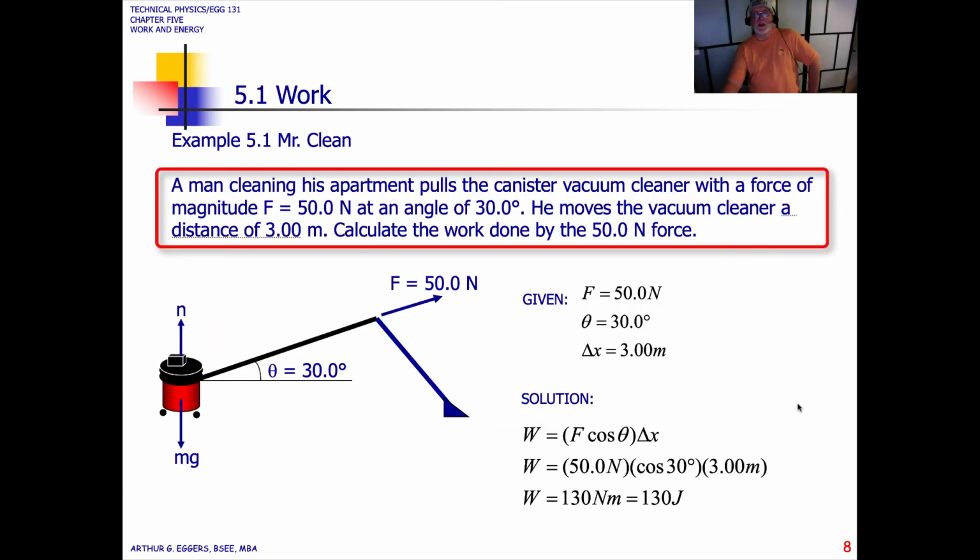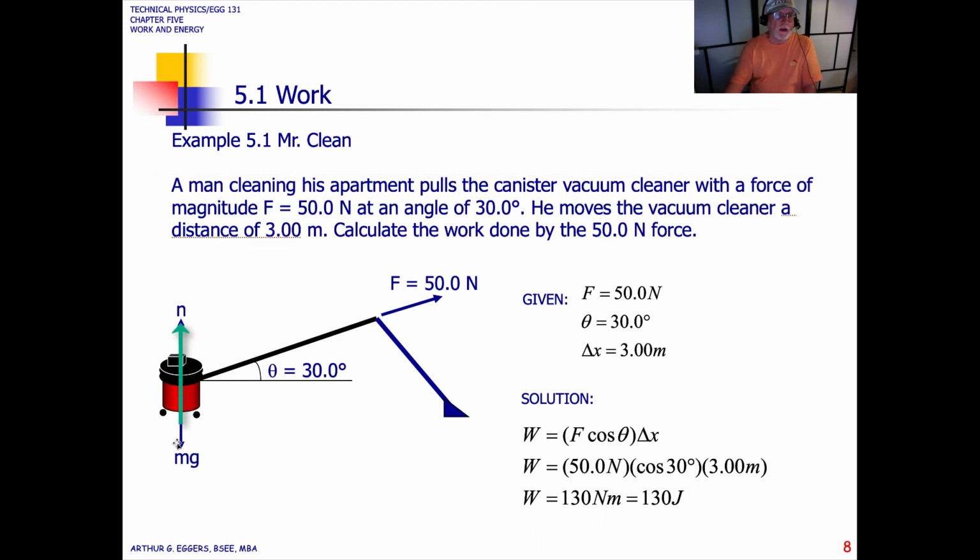So let's take a quick look at a problem here. A man cleaning his apartment pulls a canister vacuum with a force magnitude of 50 newtons at an angle of 30 degrees. He moves the vacuum cleaner a distance of 3 meters. Calculate the work done by the 50 Newton force. As we set it up, we can look at our free body diagram here.